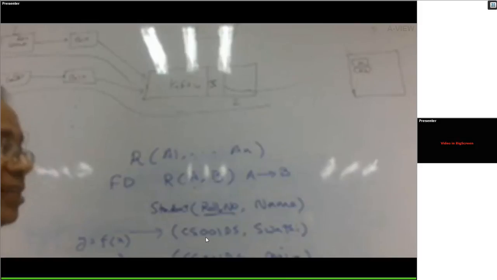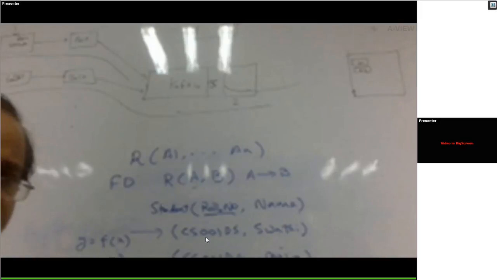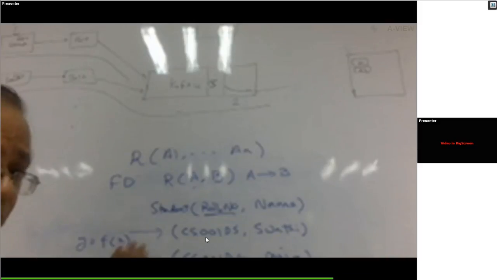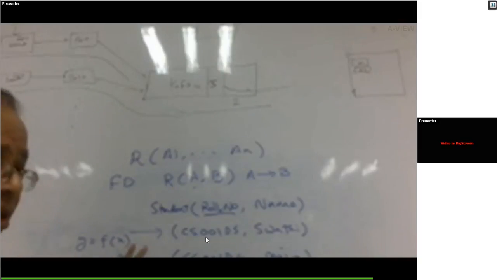If there are functional dependencies, we need to look at them and see whether they are captured adequately in our relations and what kind of function is happening in our database system. There is a lot of other stuff, but I'll go into deeper aspects of functional dependency in the next class.